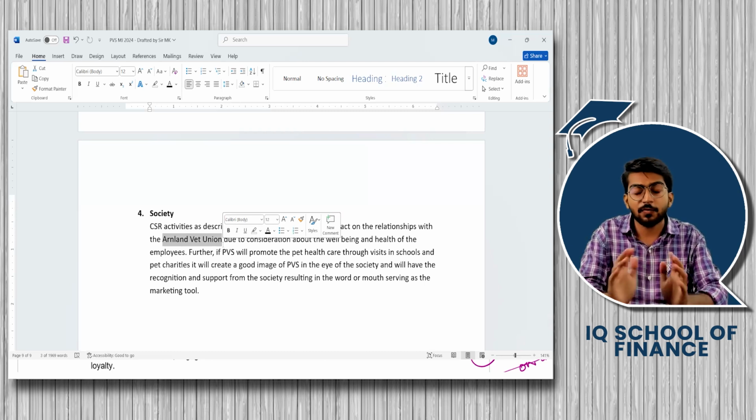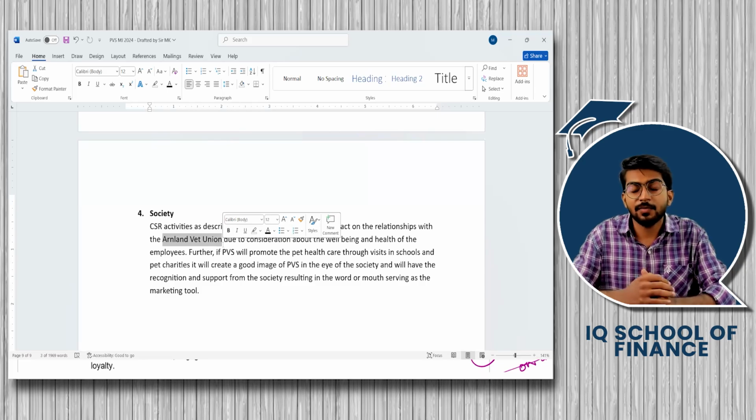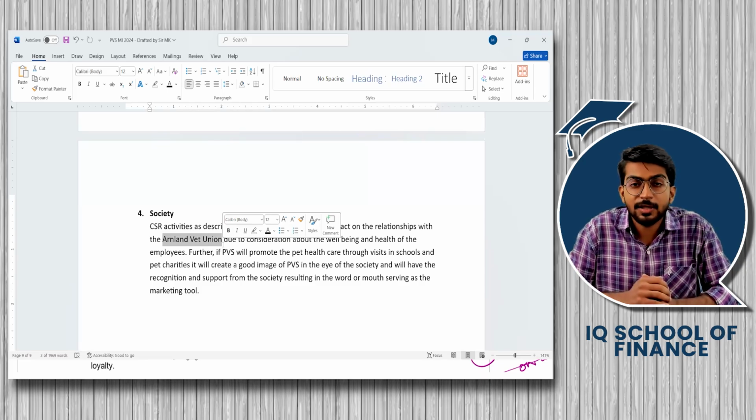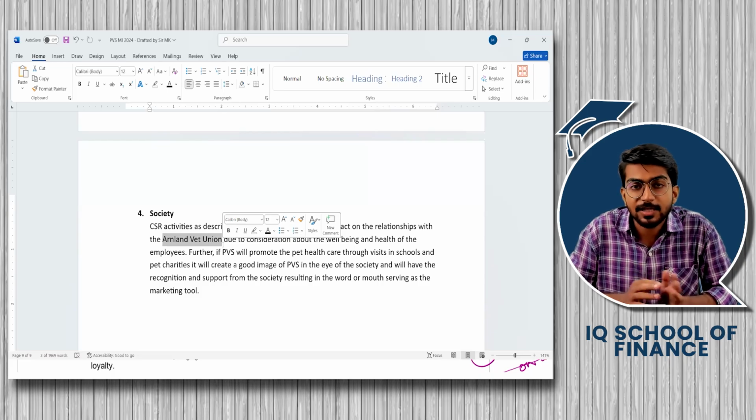As you know, this world operates on relations. Sometimes you're doing something which is not correct or you do not deserve the favor, but still based on your relation you get the favor, right or not? So if you have a good relationship with the union, don't you think that they will promote your company or direct more skilled staff or employees towards your company?